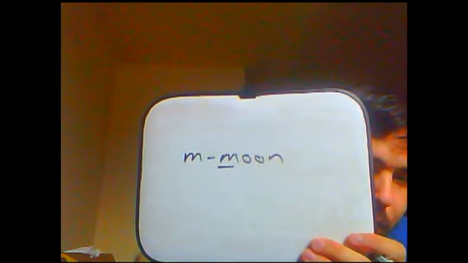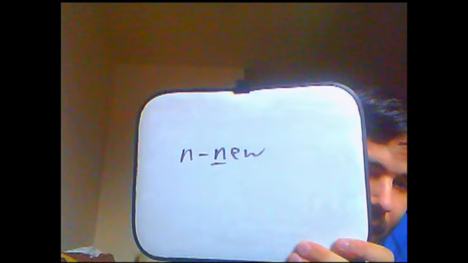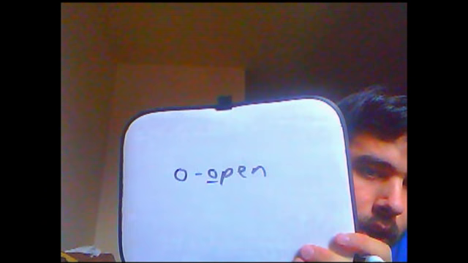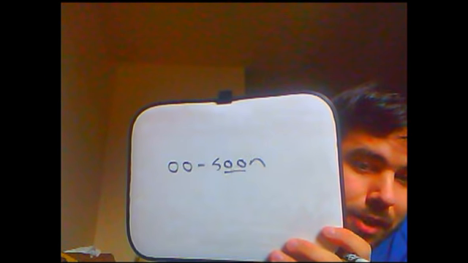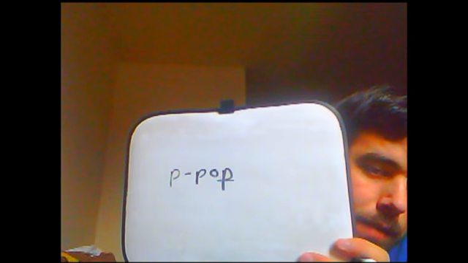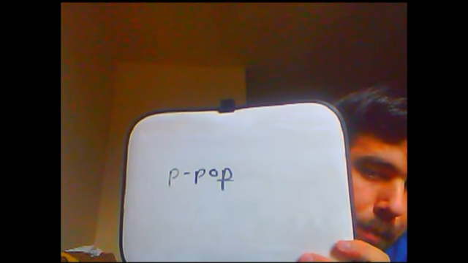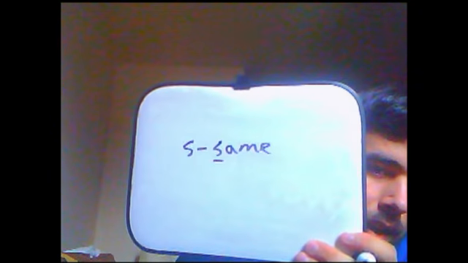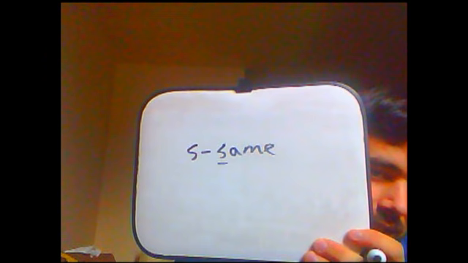M, as in moon. N, as in new. O, as in open. Double O, often oo as in soon, but sometimes can just be a held O. P, very soft as in the second P in pop. S, as in same.